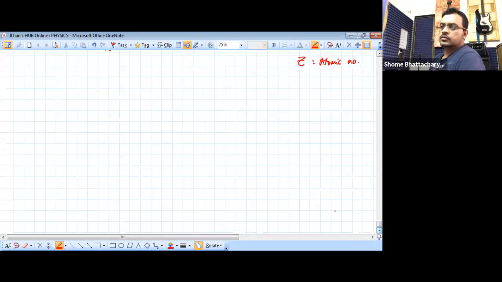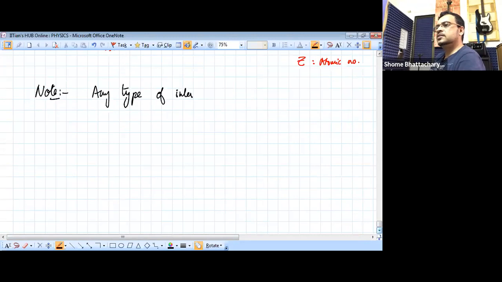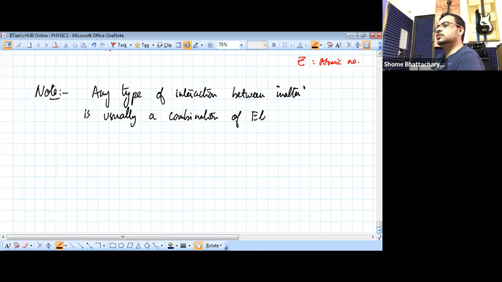Okay. Now, the important thing for us, and why I'm talking about this here, is that any type of interaction between matter is usually a combination of electromagnetic forces.